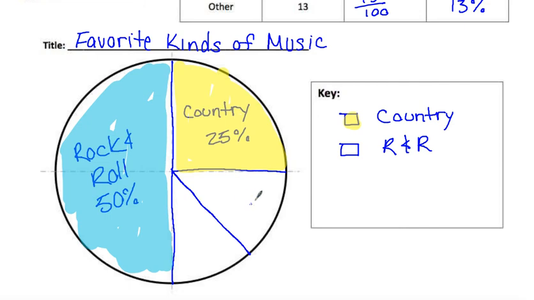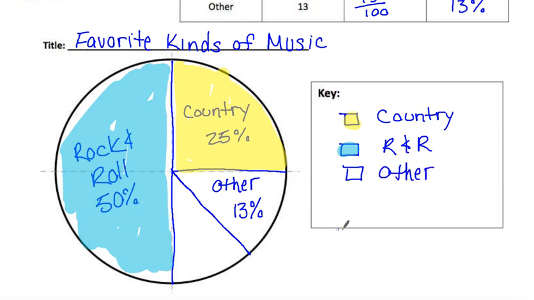I would say this one's the bigger one. So I would say that one represents the 13%, so other. And they should be very close in size because 13% and 11% are very, very close to each other. So there's not really going to be much that's different about them. So this one's going to be other.